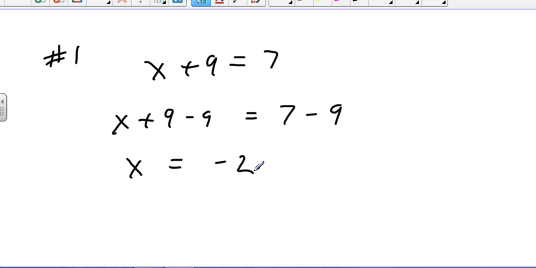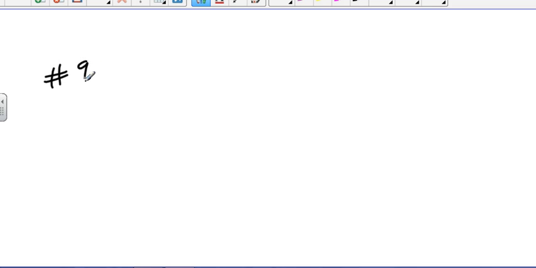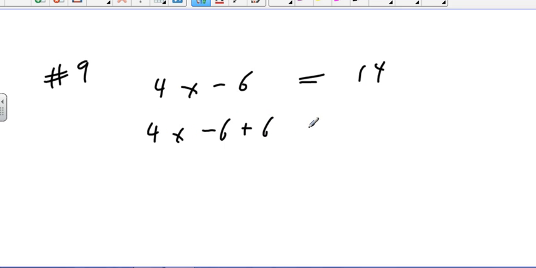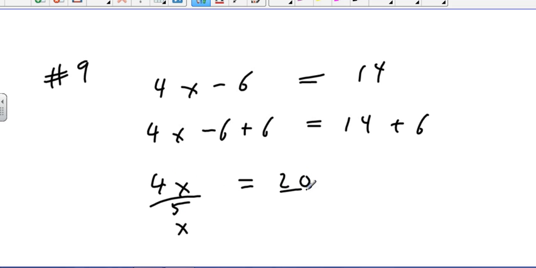So we move on to number 9. We have 4x minus 6 is equal to 14. I'm going to add 6 to both sides of the equation for the purpose of isolating the variable on one side. And then I'm going to divide both sides by 5. No, I'm not.